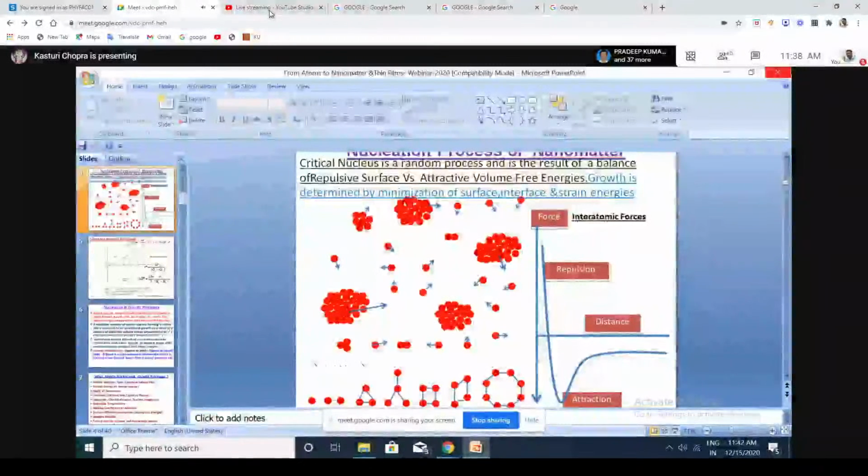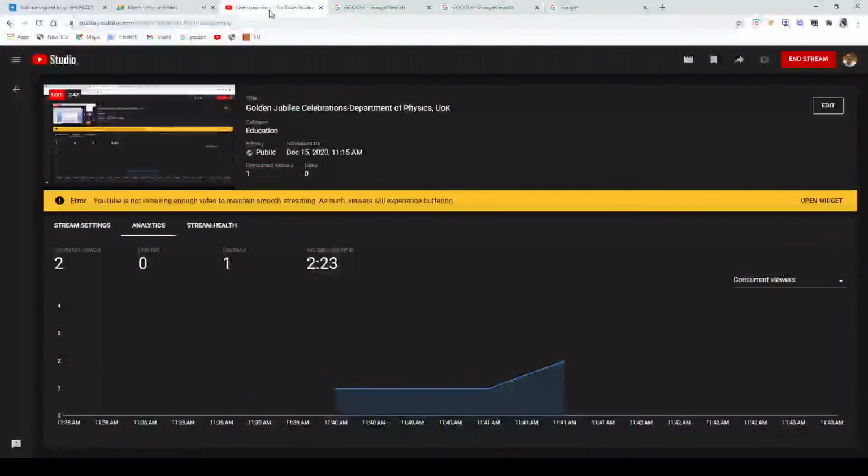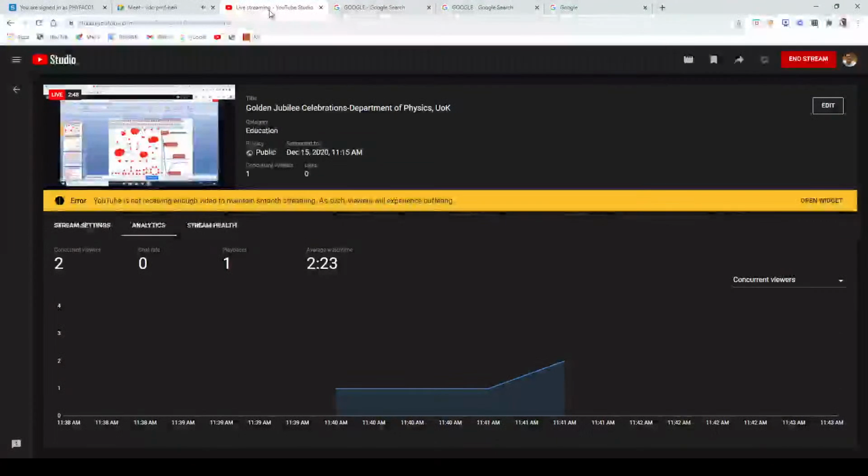Provided, I made it very clear. As you can see on one side here, they are attracted when they come very close. Of course, they are repelled when they come closer than that. There's a well-defined distance between two atoms at which the attraction is maximum, and if it is less than that, they are repelled. And of course, greater than that, they don't attract each other.